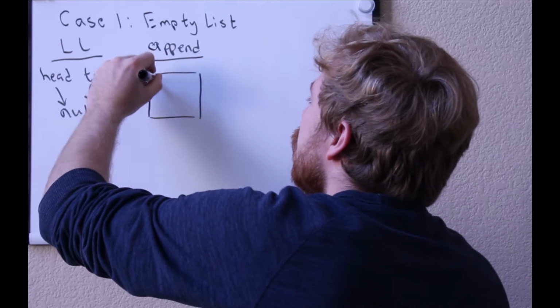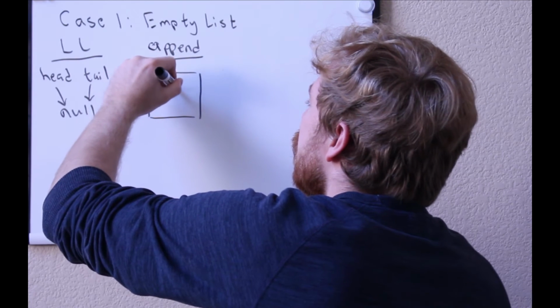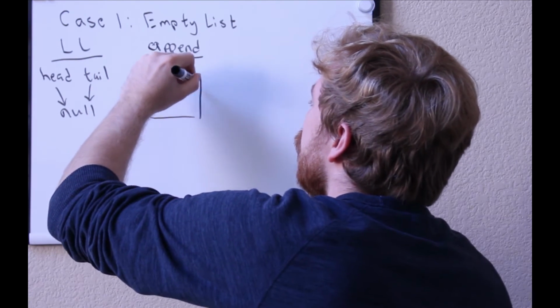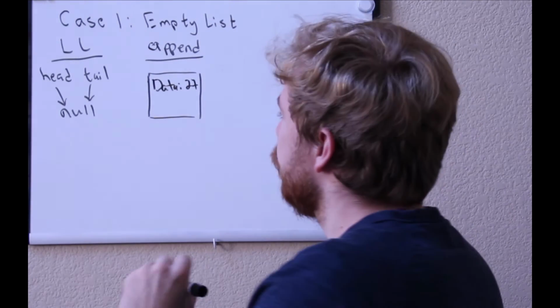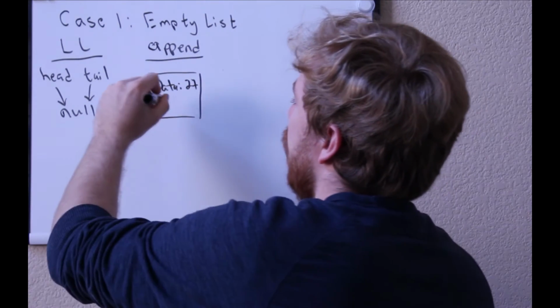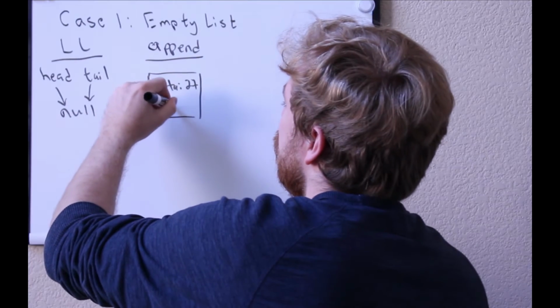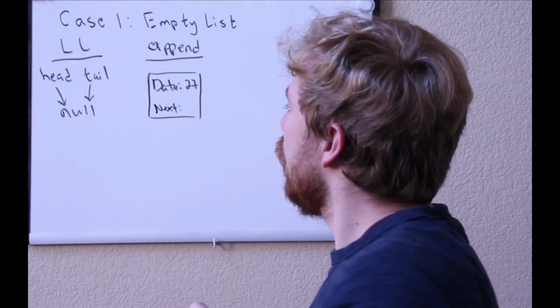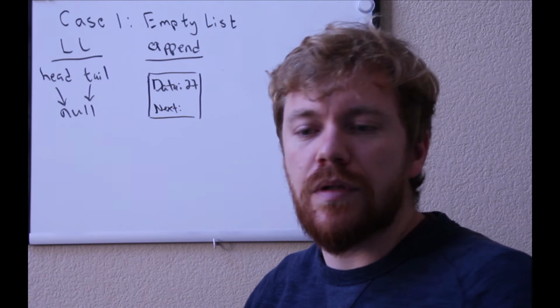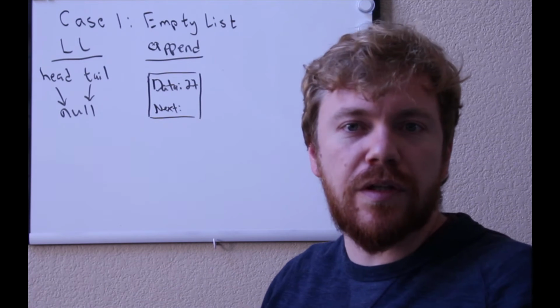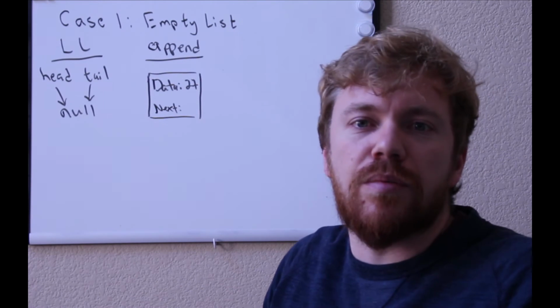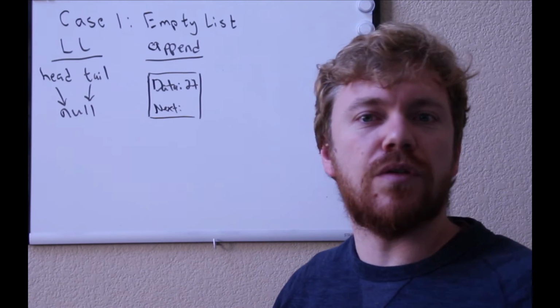So we'll start with the data. I'll just give it a value of 27. And then the next variable, next. This new node doesn't know anything about the linked list, so its next variable can't currently reference anything, so it's set to null.